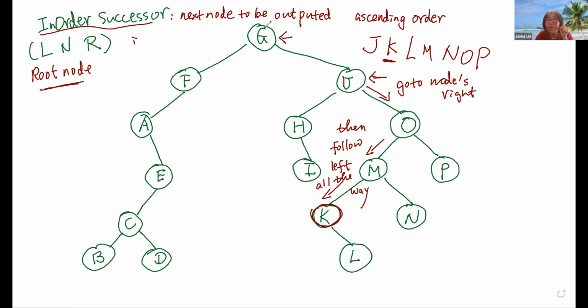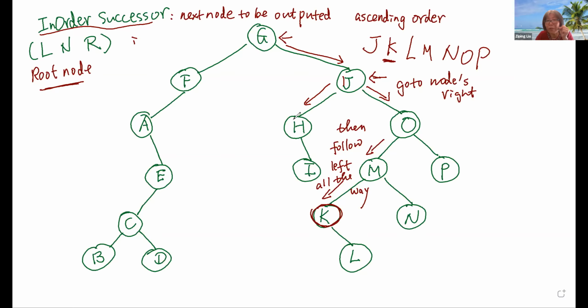So which is node G's in order successor? Here, anyone can tell? H. Very good, it's H. How do we find it? We first go to its right child, and then following the right child's left all the way. And over here we reach the node that has no left.